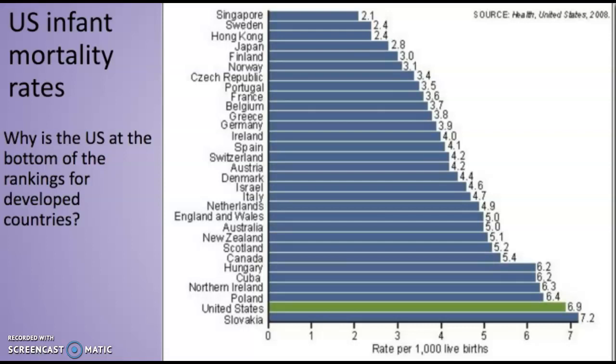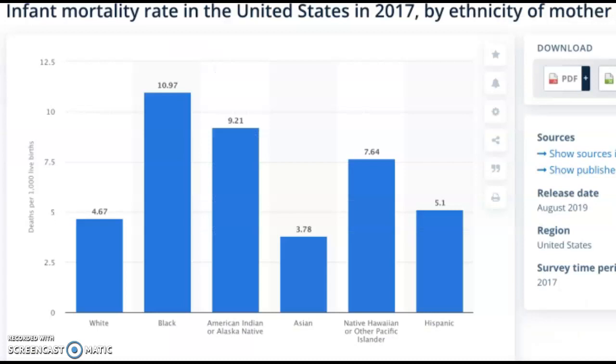It's also because we have certain subpopulations in the United States of women who have very high infant mortality rates. And in particular, it's women of color, Black women, and less educated women. Those two groups have much higher infant mortality rates than in other countries, and that's bringing us down in these rankings of developed countries.